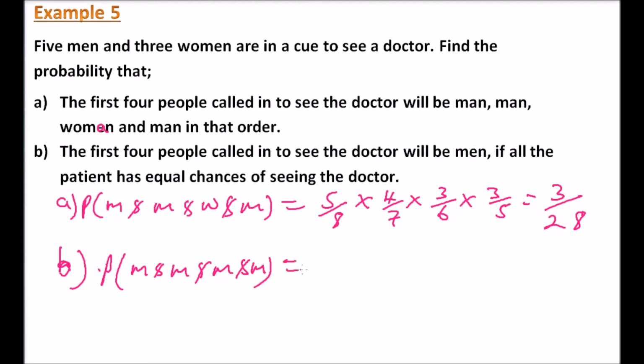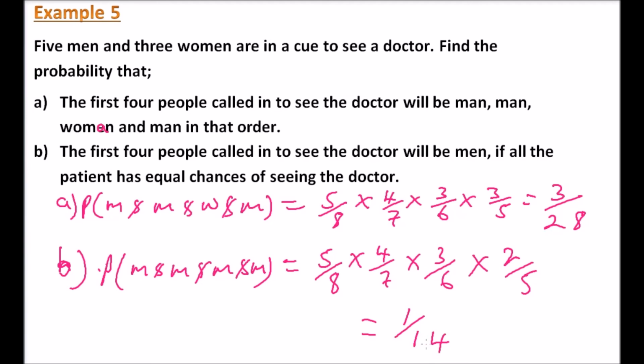So this is equals to 5 over 8 multiplied by 4 over 7 multiplied by 3 over 7 multiplied by 2 over 7. And when you compute that, this you multiply 3 over 6 multiplied by 2 over 5, and when you compute that, you get the probability is 1 over 14. That is when you simplify.